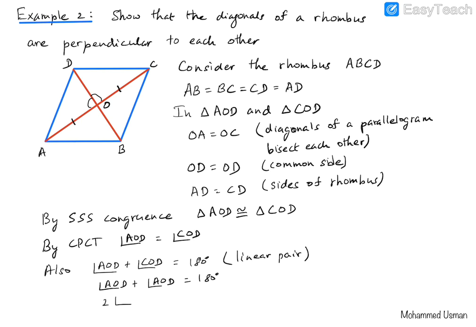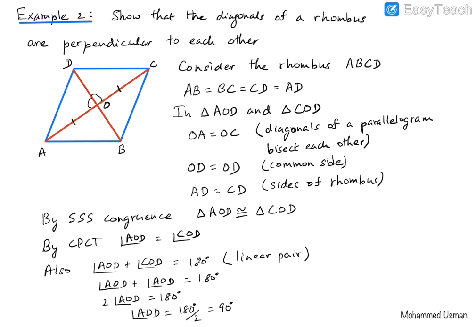That means 2 times angle AOD equals 180 degrees. Therefore angle AOD is 180 divided by 2, which is 90 degrees.